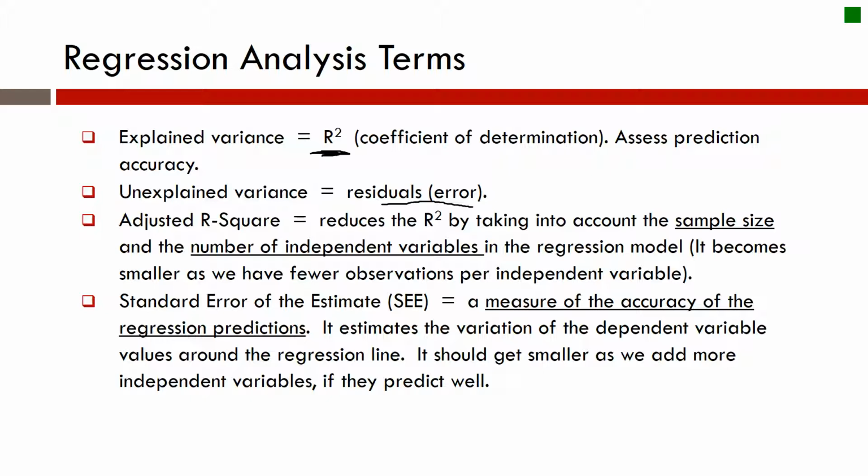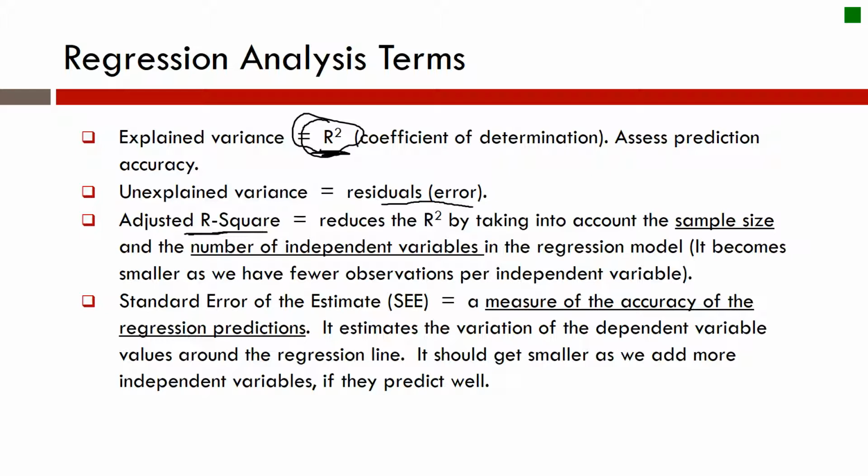We have an adjusted R squared. An adjusted R squared is the R squared that we have before here, but it needs to be adjusted based on covariance that exists between independent variables.